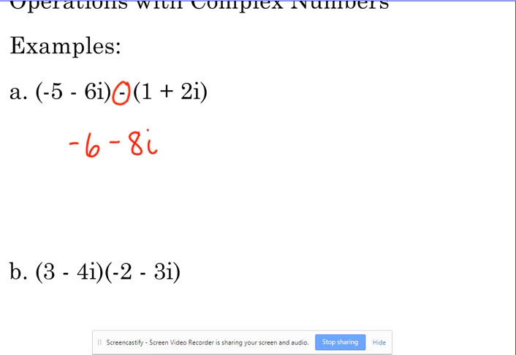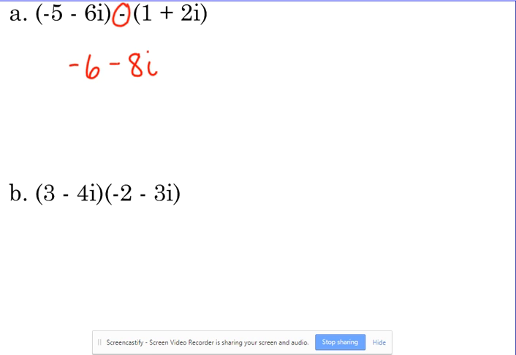Now, if that minus sign turns into multiplication, we still treat it just like it was a variable. If those i's were x's, what would we do in this case? How do we multiply that out?